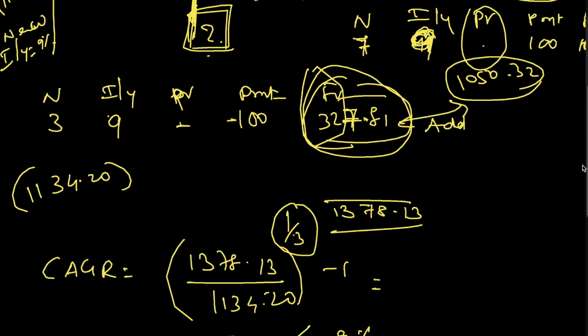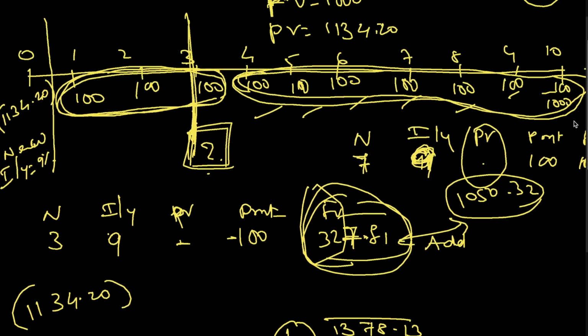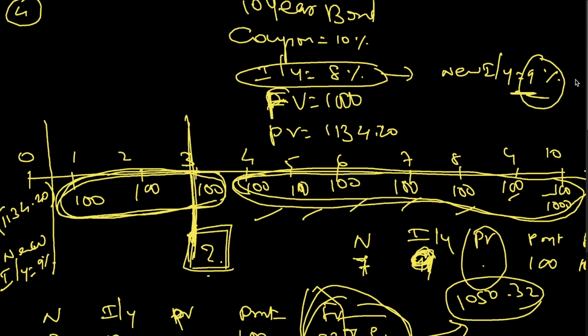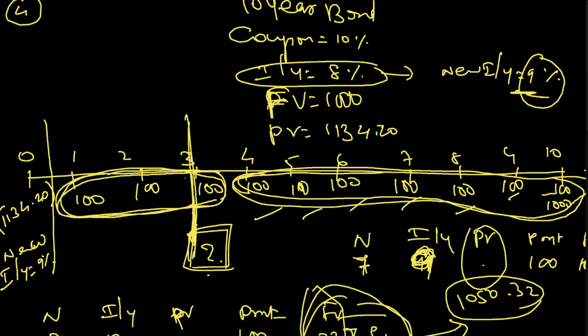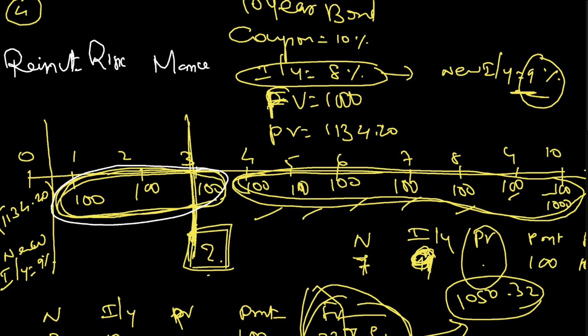But logically, let's try to understand how it fits. See, when the interest rate in the market is going up, which is good, your investment is exposed to reinvestment risk and market price risk. Market price means bond price risk.